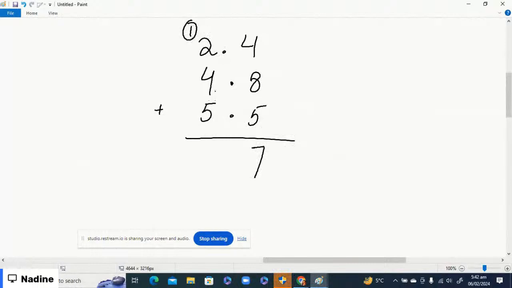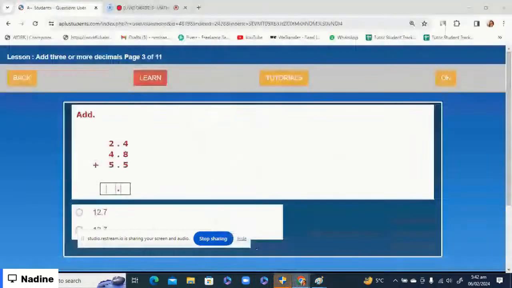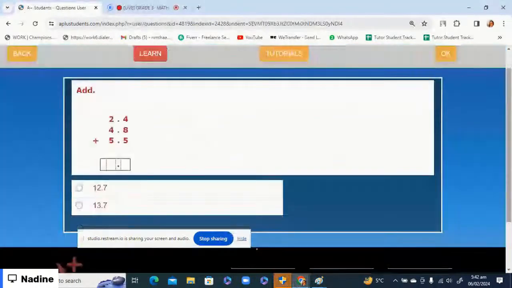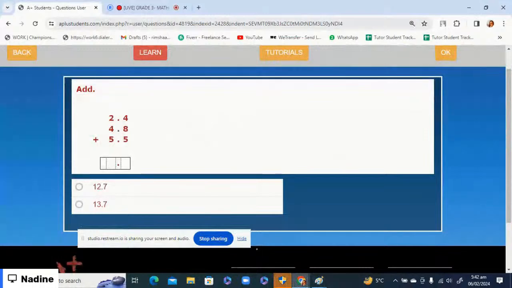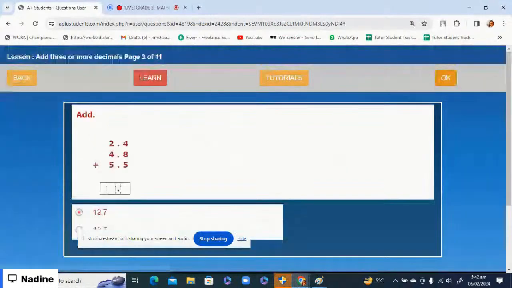Here is the point. And 1 plus 2, that is 3. 3 plus 4 is 7. 7 plus 5 is 12. So it's 12.7. And here are the two options, 12.7 and 13. Answer is 12.7.